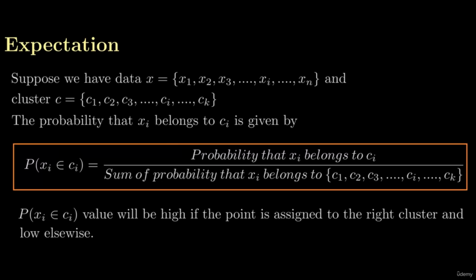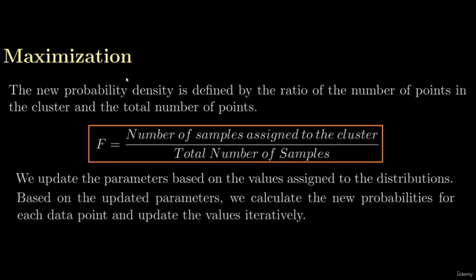Basically, in expectation we are calculating the probability that a particular data sample Xi belongs to a particular cluster Ci. Now, when this probability has been found, it's time to update or optimize it. That will be done in the maximization step. So we find the new probability density function.